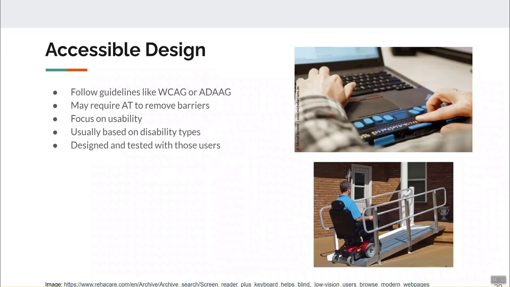The two images I have here, the one on the top is a person using a braille reader, and at the bottom there's a person who uses a wheelchair going up a wheelchair ramp. The braille reader and the wheelchair are the assistive technology. And in this case, on the bottom with the wheelchair, the design is the wheelchair ramp instead of a set of stairs. So that's a case where the design is enabling the user.